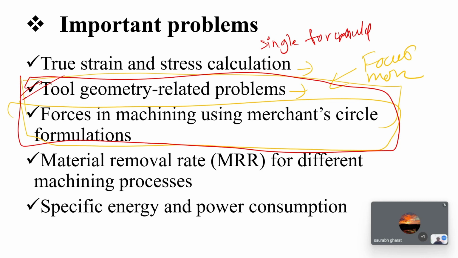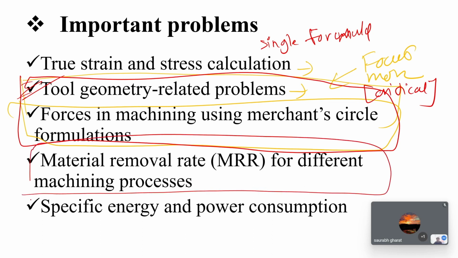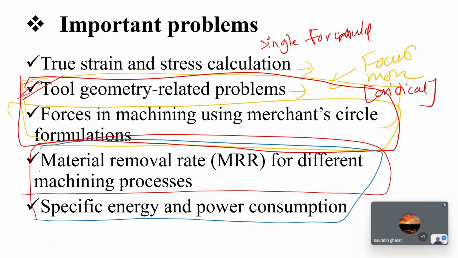Here this part, two geometry, is actually a critical part, slightly critical. You must focus here. And material removal rate is just the formulation part. This is also formulation, but you must consider how it is working.